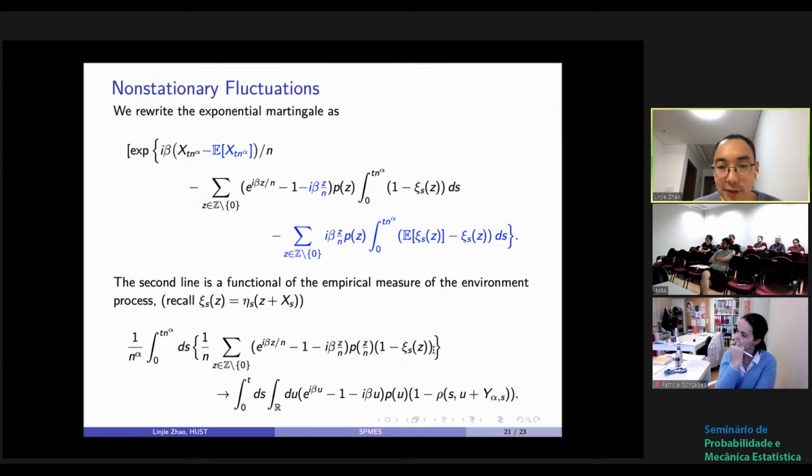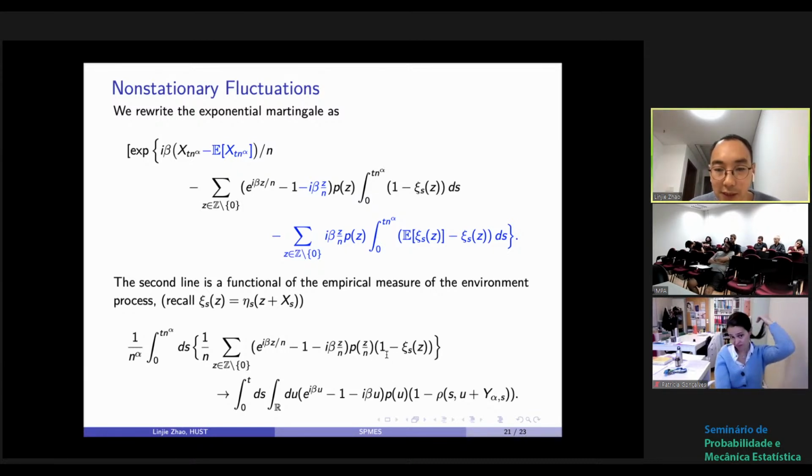So we could use hydrodynamic limits theory, at least intuitively, to show that this term converges to the time integral from 0 to t comes from here, and then the integral over r, and here e to I beta u minus 1 minus I beta u, and the p of z over n is pu.